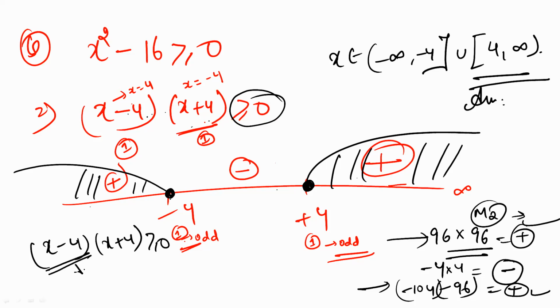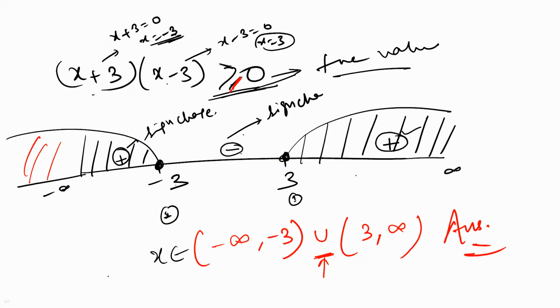So you want to say x minus 4 greater than equal to 0. No, once we are changing it, don't use it. इसका क्या मतलब होगा? You just see it here. What you are telling me?